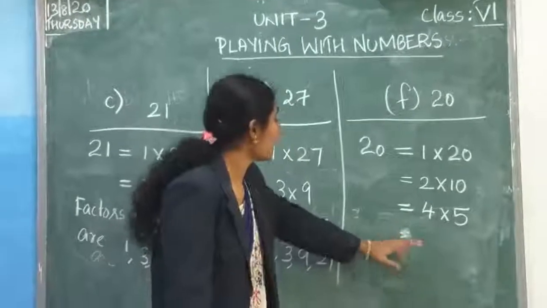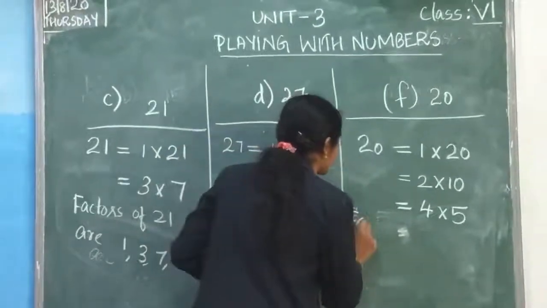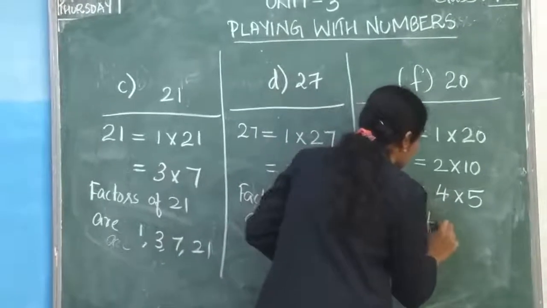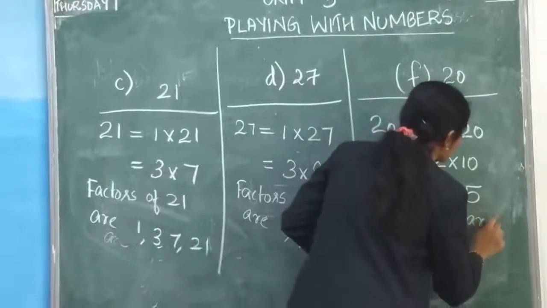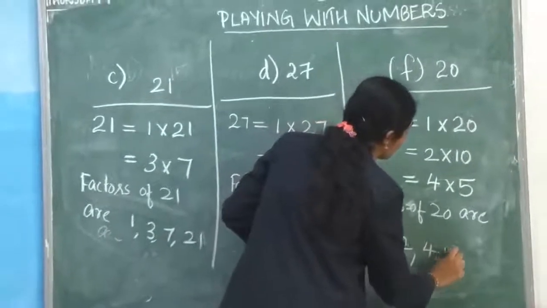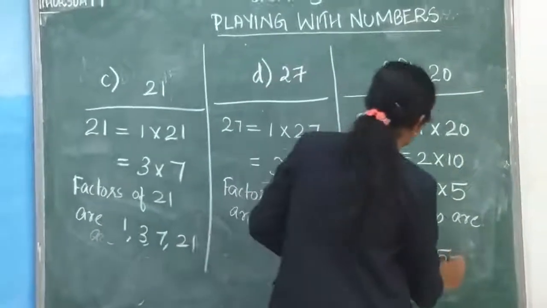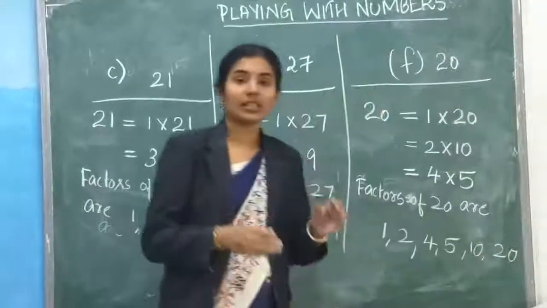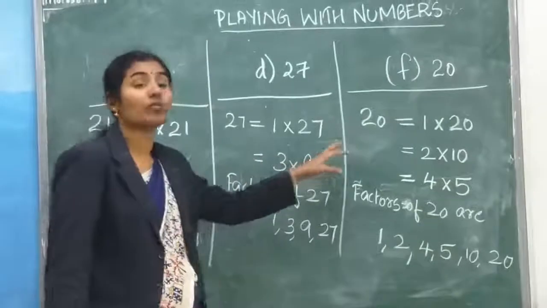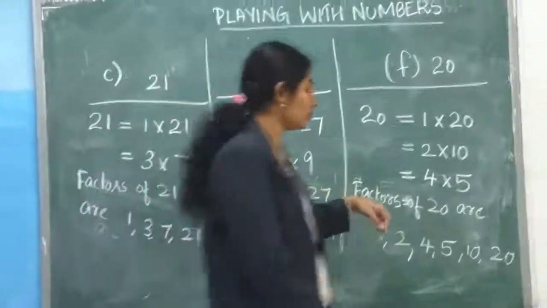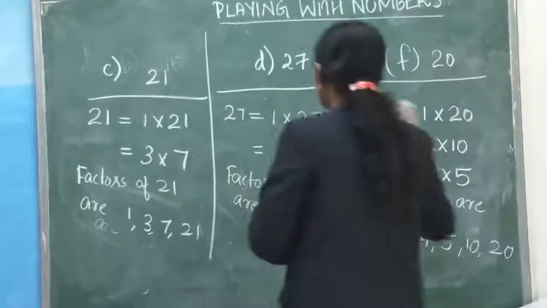So the factors of 20 are 1, 2, 4, 5, 10, 20. Like this, whenever you are given a number, you should find its factors. Next, you should find the multiples.